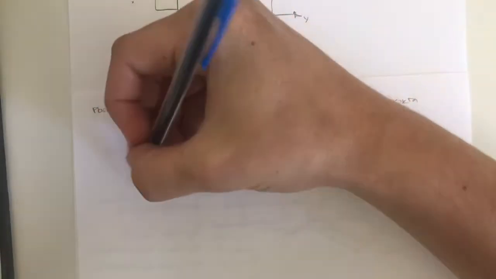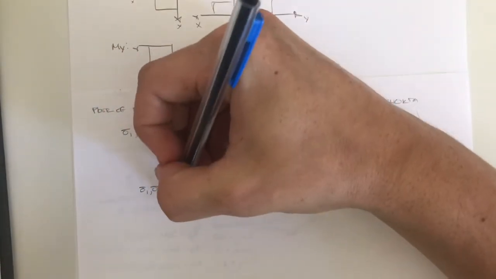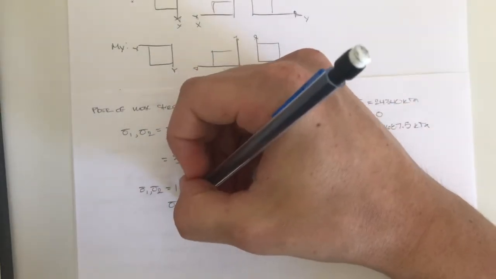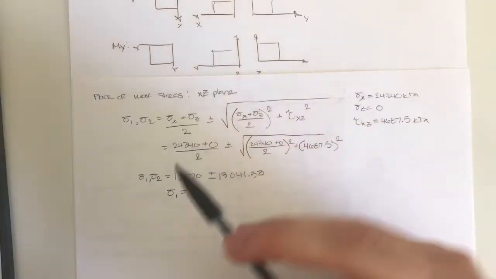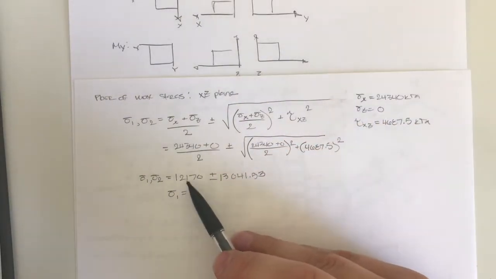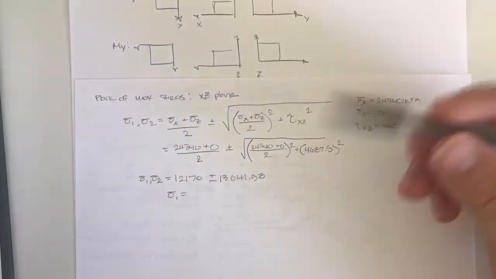Okay, so for the first stress, which is going to be the max stress, it is 12,170 plus 13,041.53.